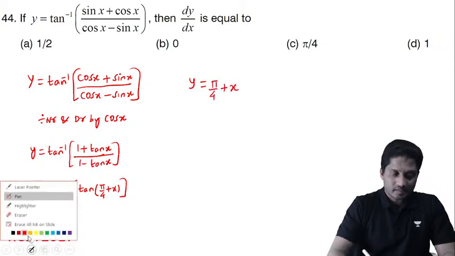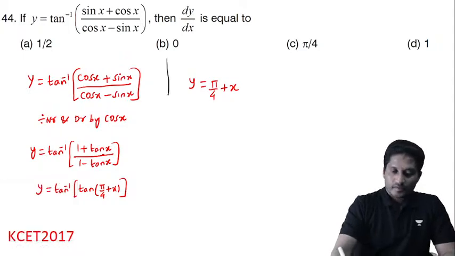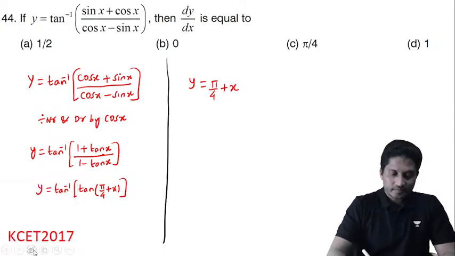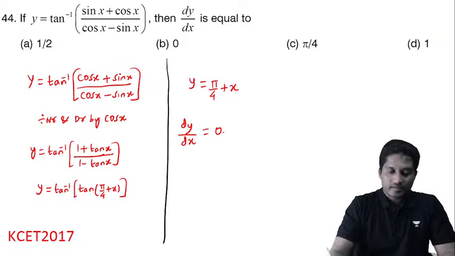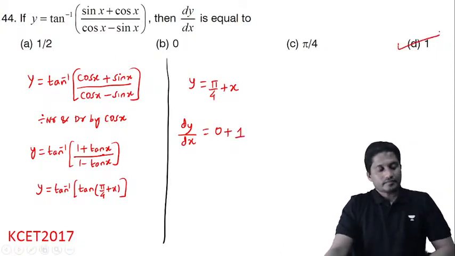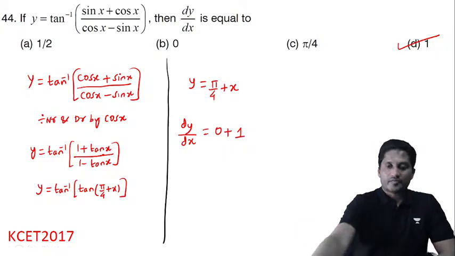Now if I differentiate, dy by dx is equal to, differentiation of pi by 4 is 0, differentiation of x is 1. Answer will be option D. Right, let's move to the next question.